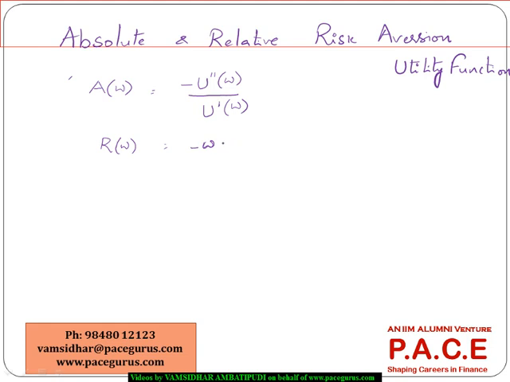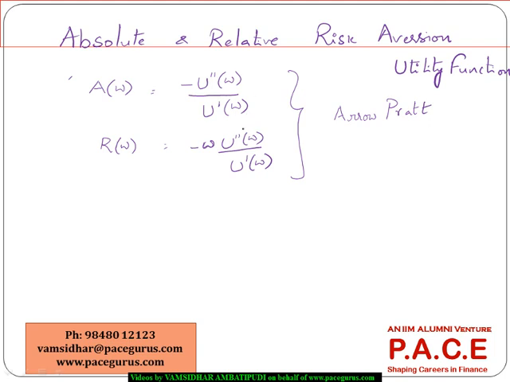So minus W times the same, the second derivative of the utility function of wealth divided by the first derivative of the utility function of wealth. Just to understand, these are typically called the Arrow-Pratt measures of absolute and relative risk aversion computation.